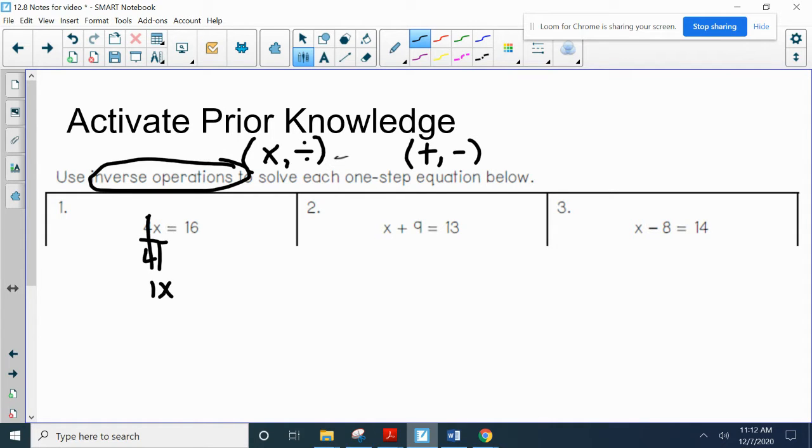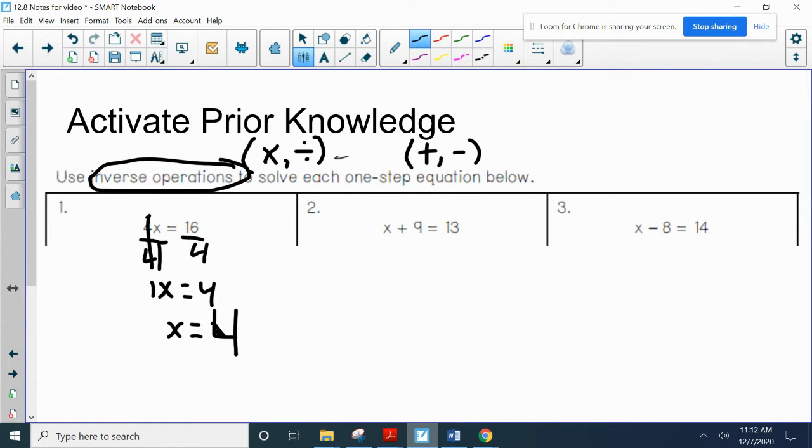So we have 1x, but what I do to one side, I also have to do to both sides. 16 divided by 4 is going to give me 4. And 1x equals 4, or we can simplify it to x equals 4, because the 1 in front of that x is assumed. So x has a value of 4, because when there's no number there, it's an assumed 1.